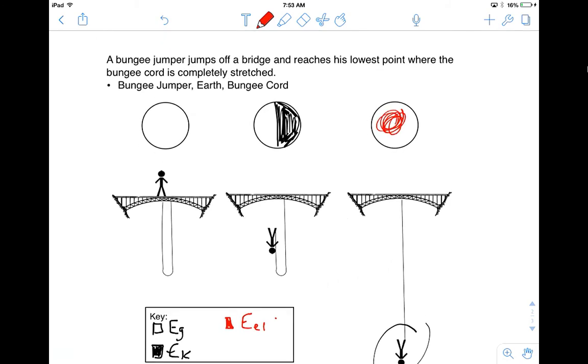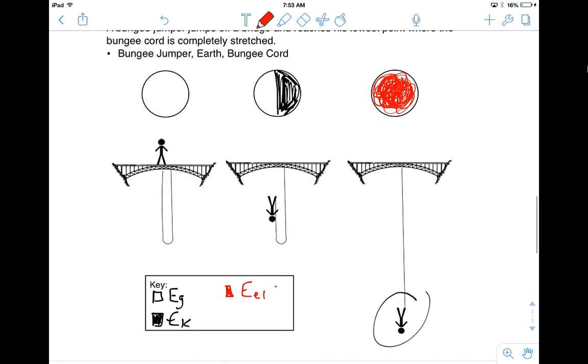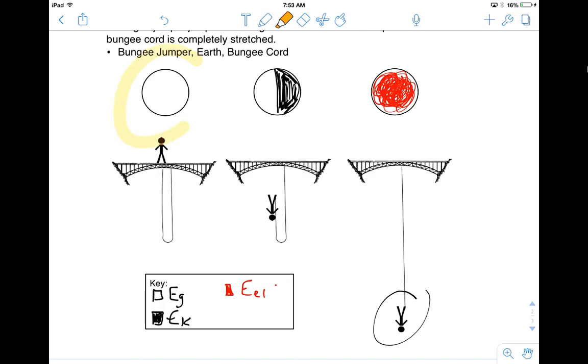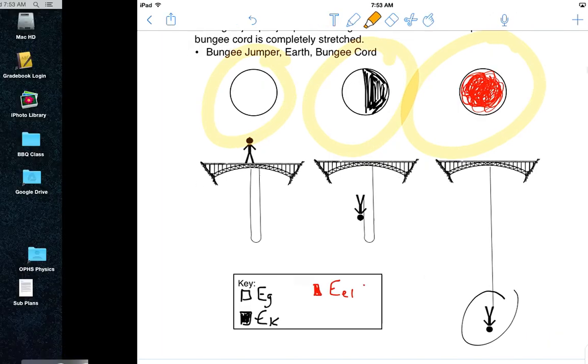He's stretched all the way out, and the only type of energy he has is elastic. There we go. So we go from gravitational potential and kinetic, and then elastic at the end when he stretches that band out because he's going to bounce back up. All right. Nice work.